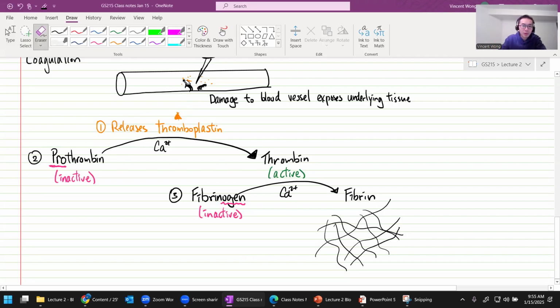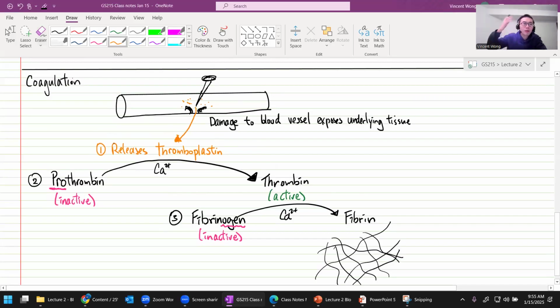And the thromboplastin, once it is released, will cause the prothrombin to get turned on, which in turn will turn on fibrinogen, and then it becomes fibrin.